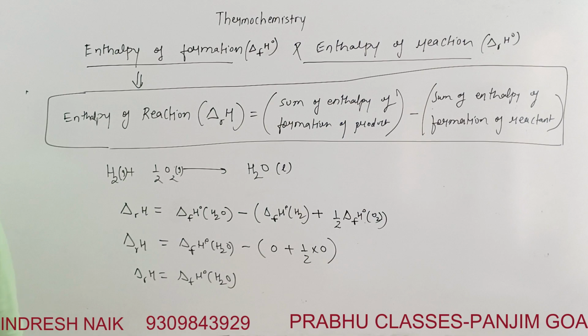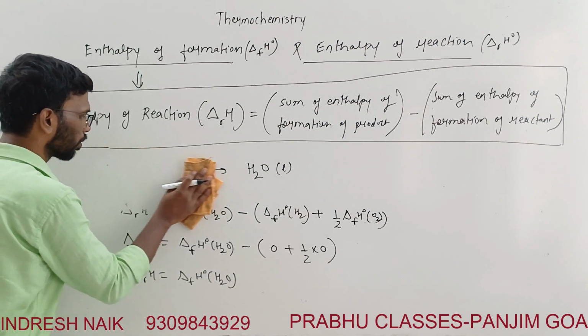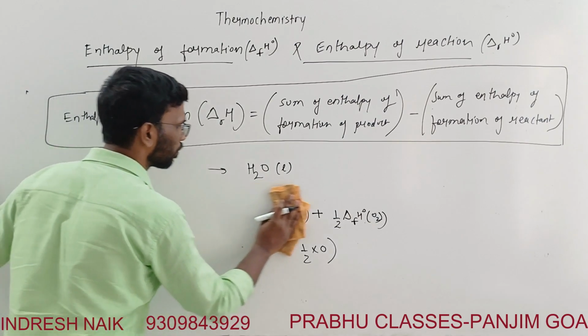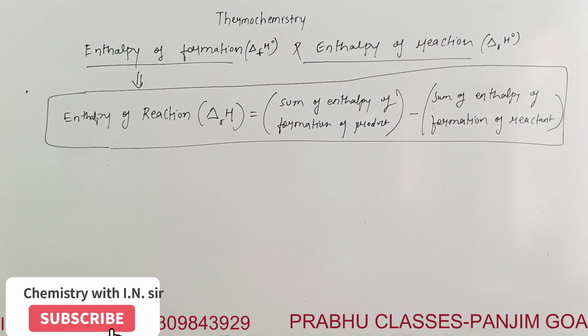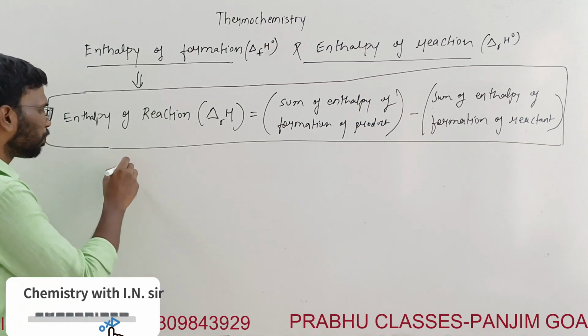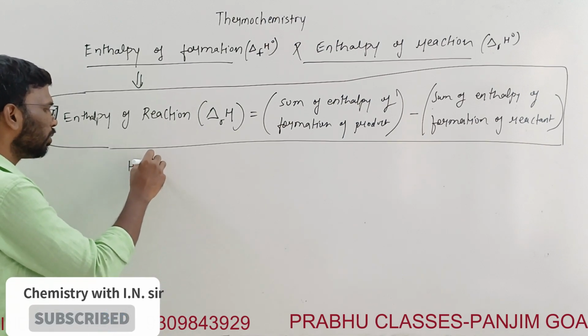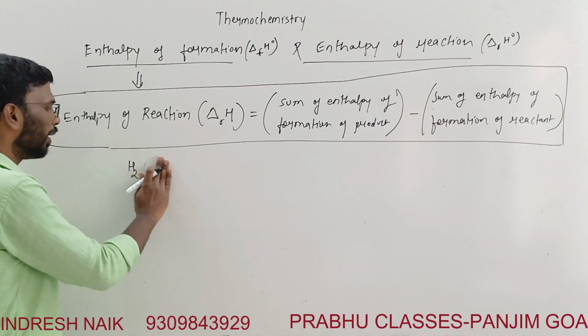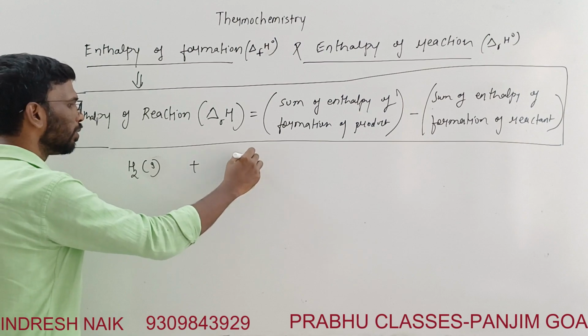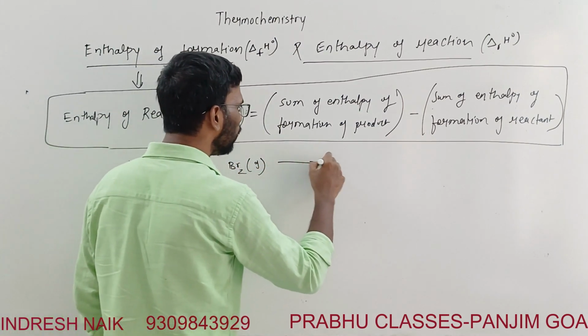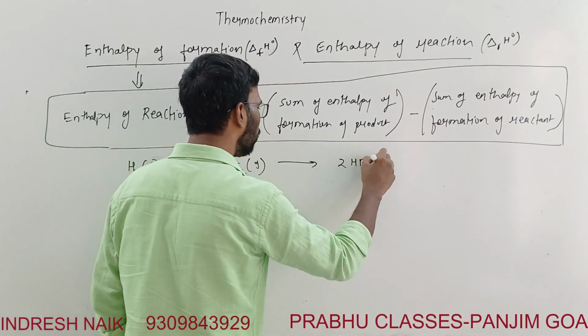Now I'll write one more example over here. Let's say hydrogen is there. This is also a gas, and bromine, this is also a gas, giving you 2HBr, 2 moles of HBr.